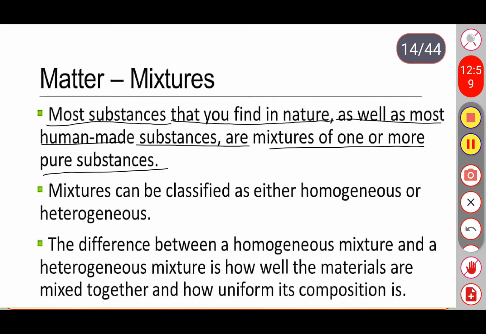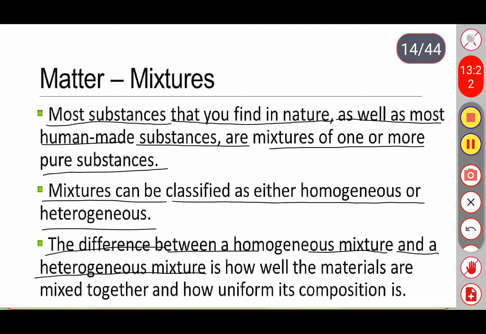Next, mixtures can be classified as homogeneous or heterogeneous mixtures. So we are classifying the mixtures into two types, homogeneous mixture and heterogeneous mixture. See the next property, the difference between a homogeneous mixture and a heterogeneous mixture is how well the materials are mixed together and how uniform the composition is.